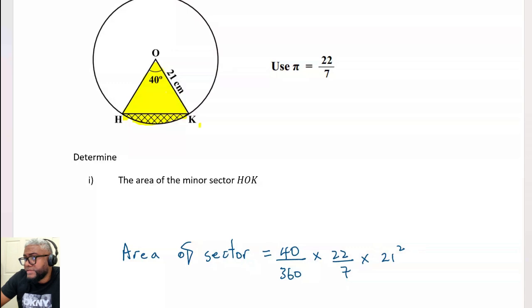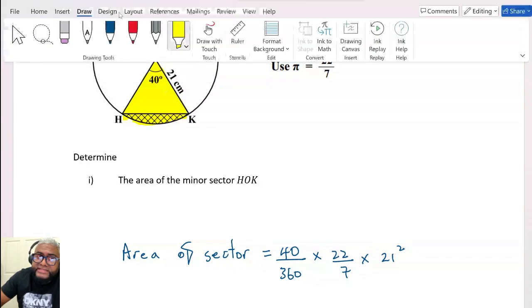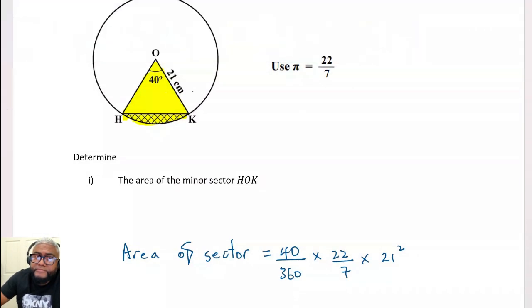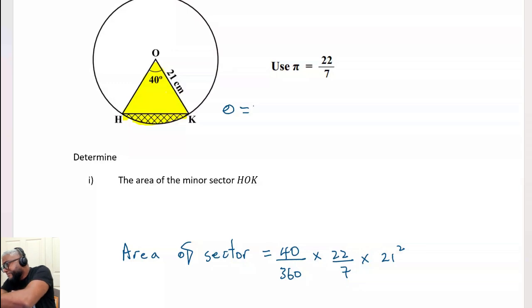Theta is the angle in the sector. How many degrees do we have in the sector? 40 degrees. All right.